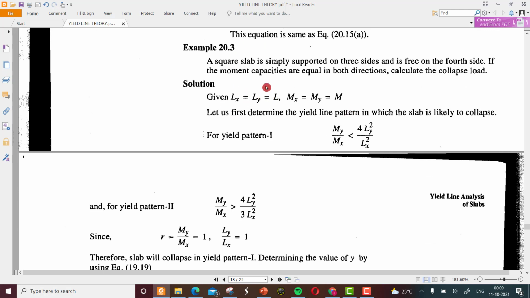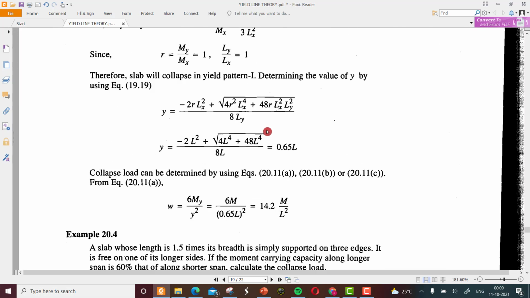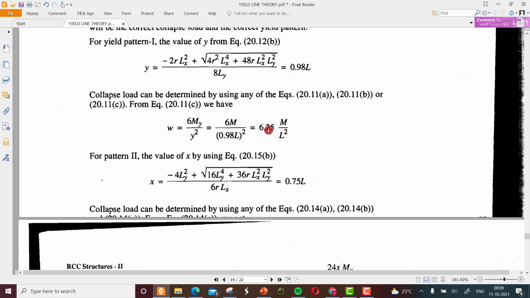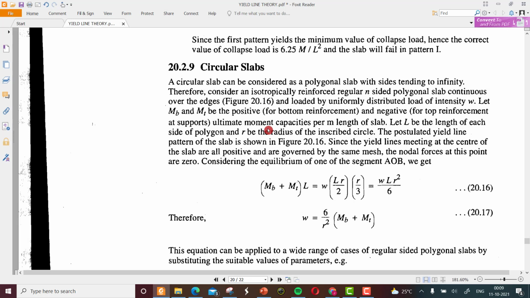There is a problem also given for the above condition which you can analyze. So those are the expressions or equations available for solving rectangular slabs for one-way and two-way conditions.